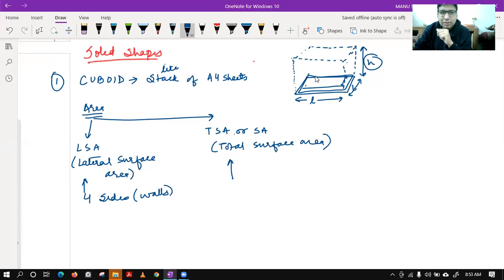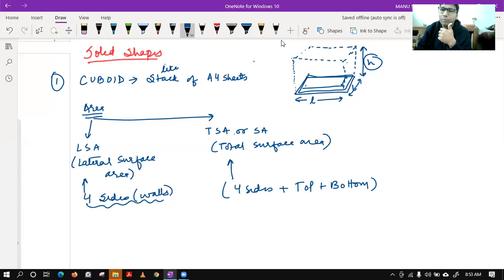Now we can see the lateral surface area. We are counting only 4 side walls. In your room also you can see the 4 walls around you. That is the lateral sides. And if you add top and bottom, it becomes total surface area. So it is 4 sides plus top plus bottom.